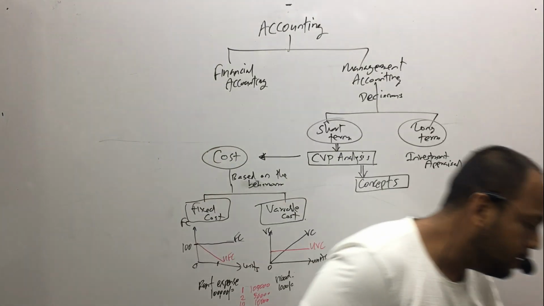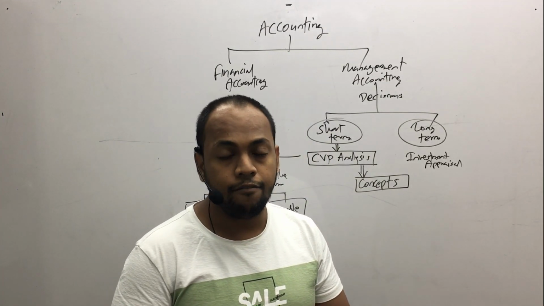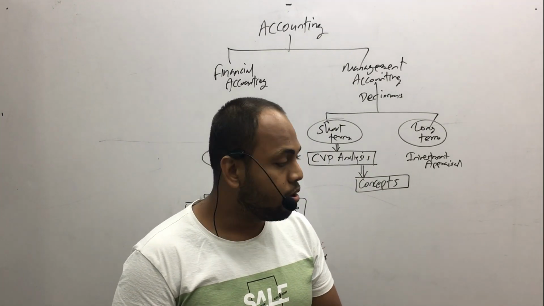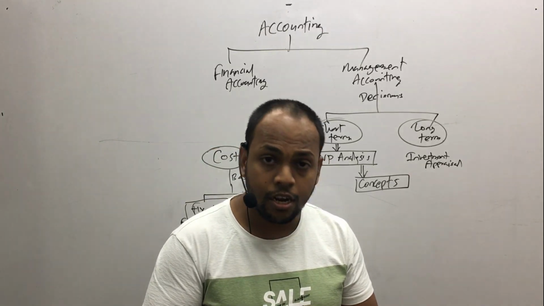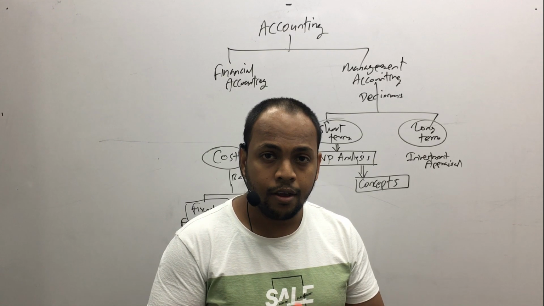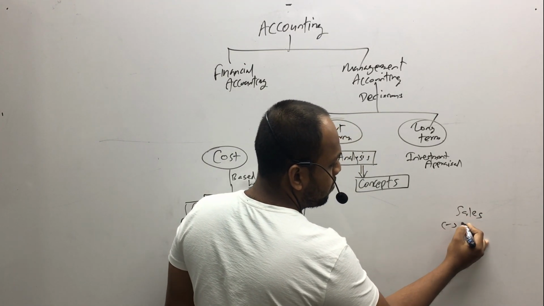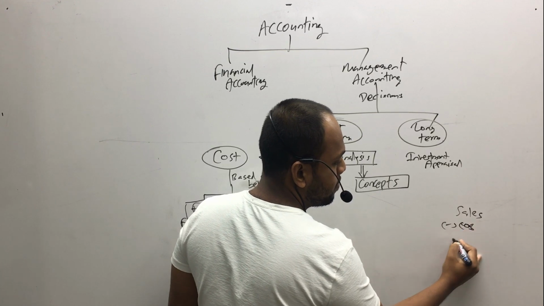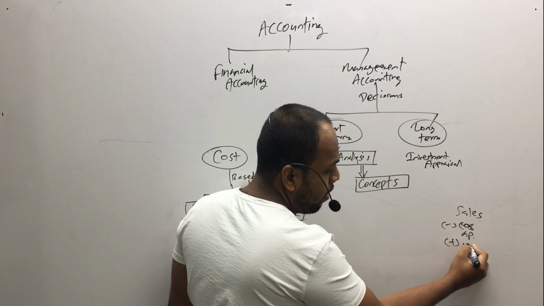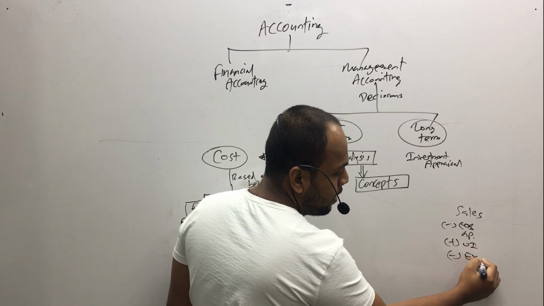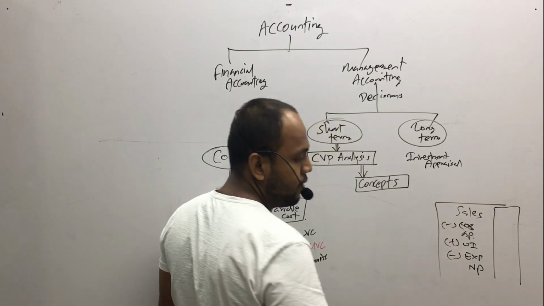Normally, in our financial accounting, we calculate the profit. How do you calculate the profit in financial accounting? Sales minus cost of sales, then we have the gross profit. Then we add other income minus all the expenses, then we have the net profit.